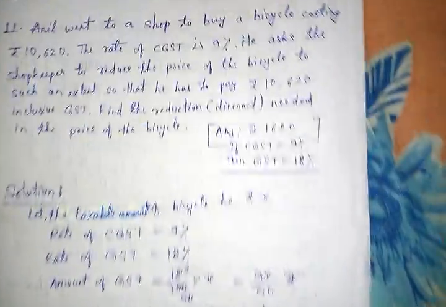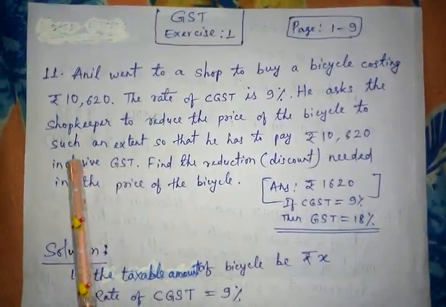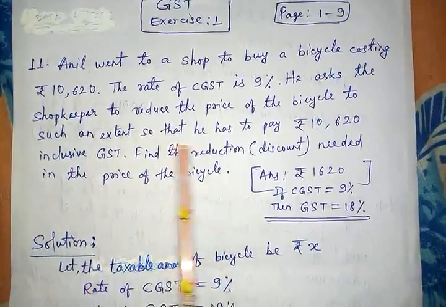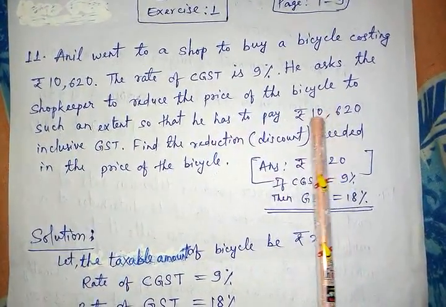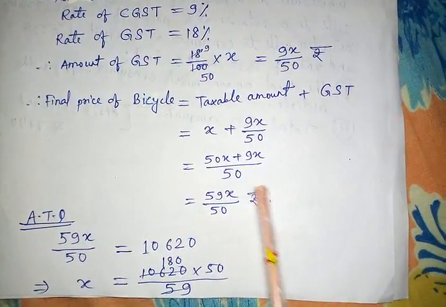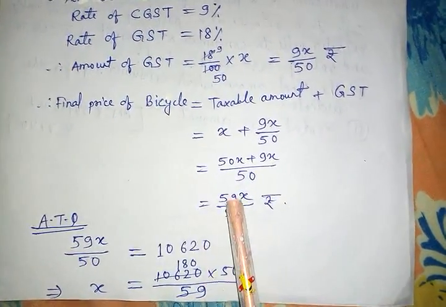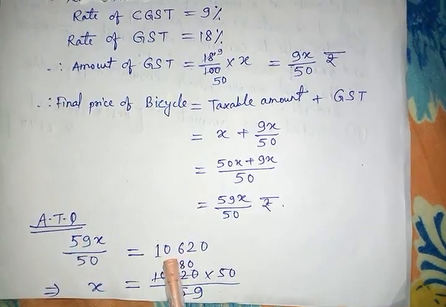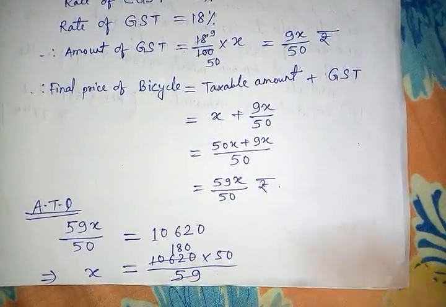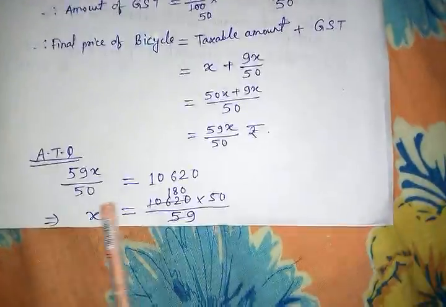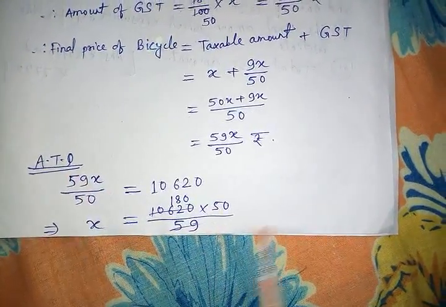So we can say Anil paid 10,620 as a whole including GST. That means taxable amount plus GST is this much. So this amount is equal to 10,620. And here when we make X alone, then 50 goes up and 59 comes down.